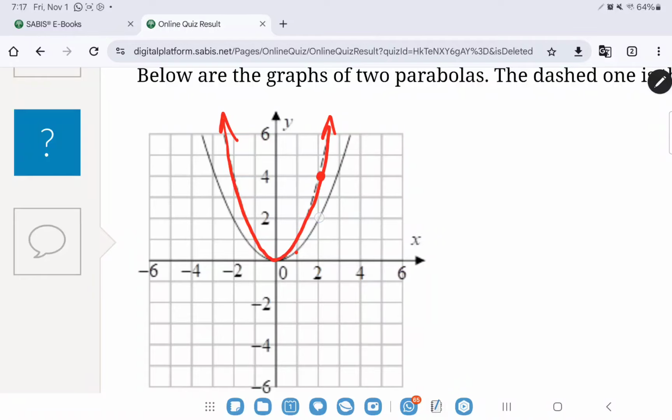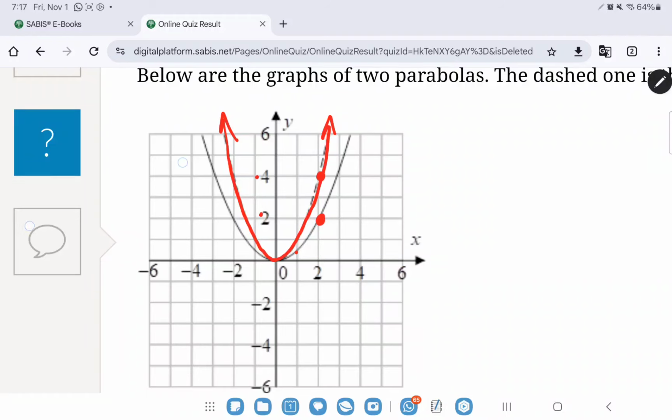On the not dashed line, it connects at 2. So what happened between 4 and 2? You halved it, you divided it by 2. You could try this also with 6, but I wouldn't recommend it because that's your maximum value, and I won't try it with an odd number. You can't try it with 0 because 0 is your vertex. Take the point 2 as your safest point.